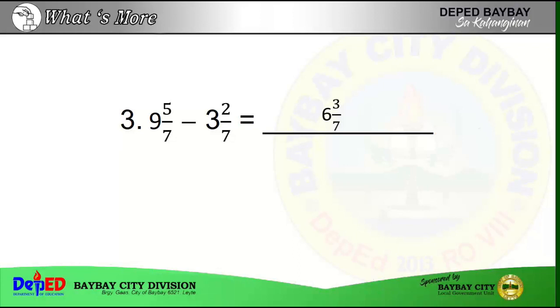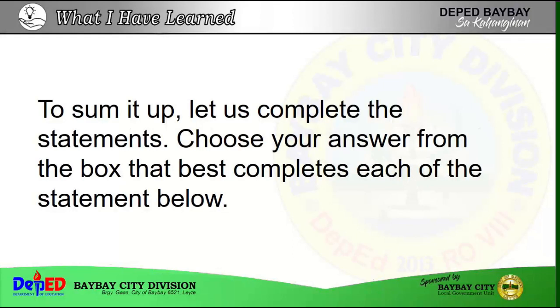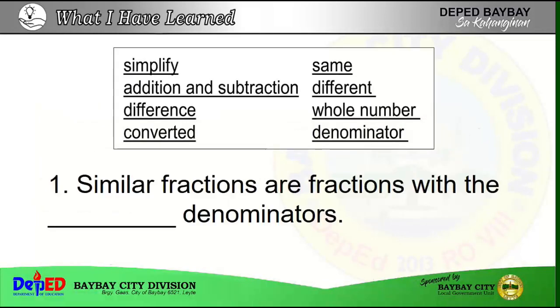Very good. To sum it up, let us complete the statements. Choose your answer from the box that best completes each of the statements below. Number 1, similar fractions are fractions with the blank denominators.